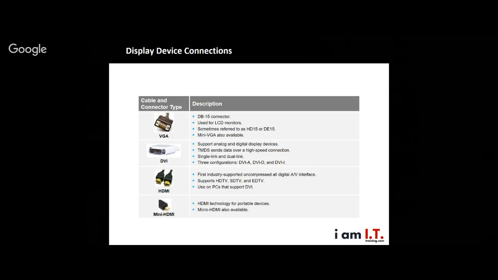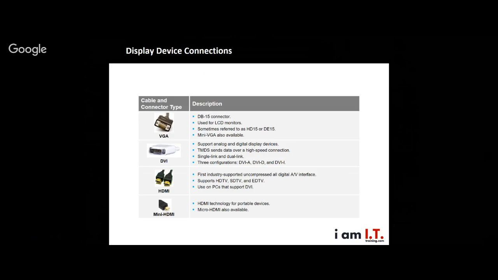Now, DVI comes in a few different configurations, and there are 3 that you need to know about: DVI-A, DVI-D, and DVI-I. Now, DVI-A is an analog-only format. So analog only, that's what the A stands for.